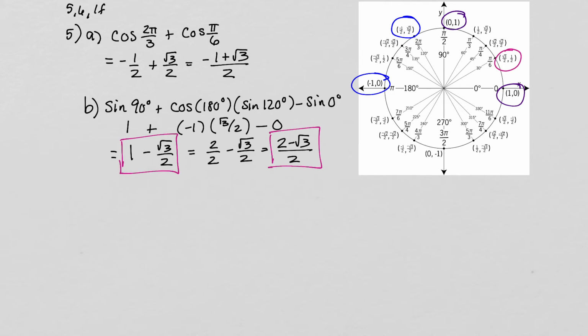Okay, so 1 minus 1 is 0, but remember you have to do order of operations. So think about PEMDAS, right? So you do parentheses first, then exponents, which we don't have any of those here. But then you do multiplication and division in order from left to right. So we have to actually multiply negative 1 times root 3 over 2 first to get this minus root 3 over 2, and then we would do the subtraction.